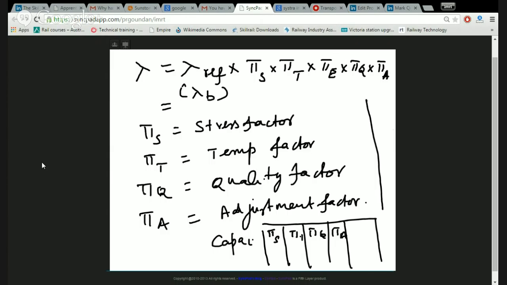They are all mentioned here: 1, 1.5, 0.5, 1.8. So you have to only take these figures from the table, put them into this equation, and the reference is also given. It will be the lambda reference, or lambda B. So you put all those things and find your lambda.